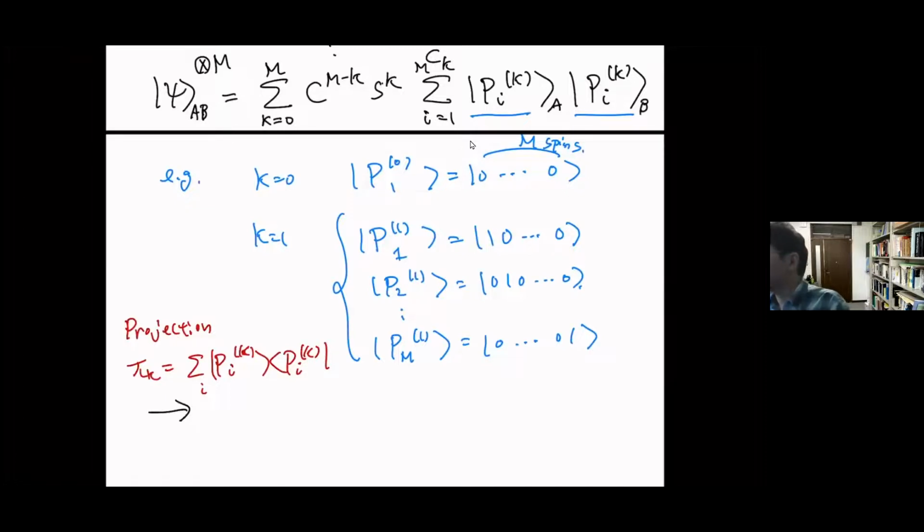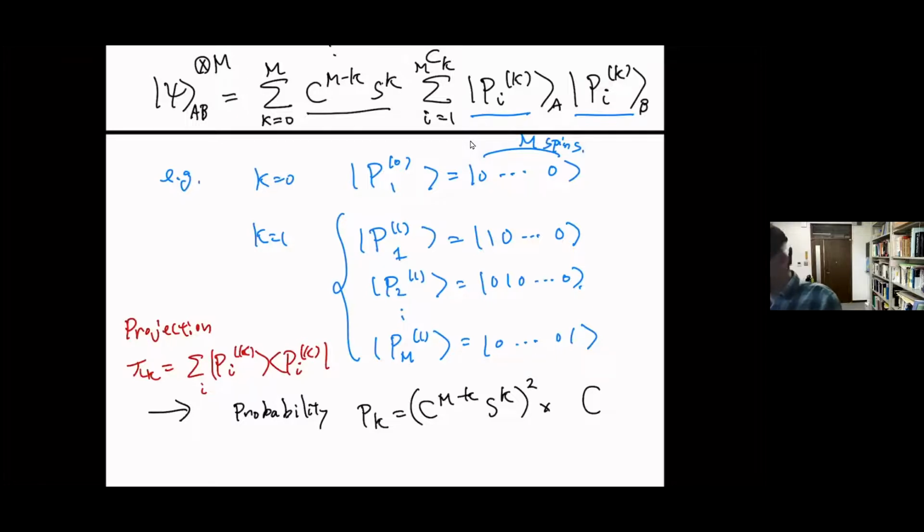If we restrict to a particular k sector, then what we get is some probability p_k, given by this coefficient, C to the M minus k, S to the k, squared, times the number of terms.